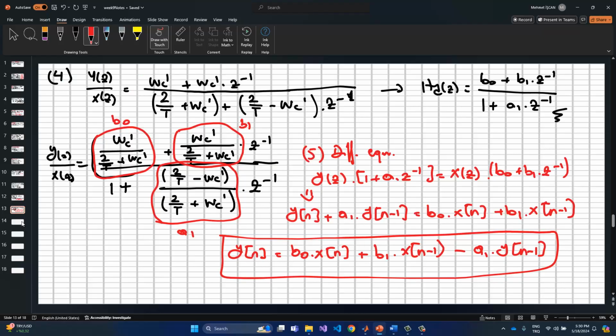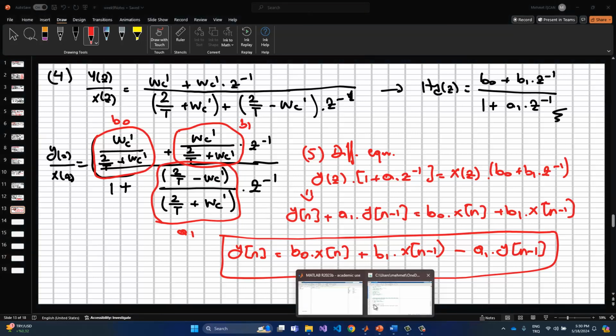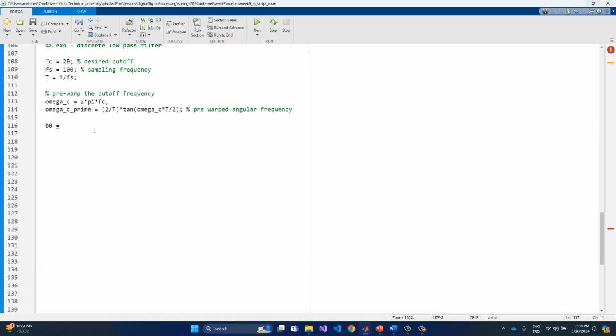Okay, so beta 0 can be equalized with these formulations, right? These are the solutions: b0, b1 and a1, right? And so b0 is assigned as omega c prime divided by 2 divided by T plus omega c prime, right? These are formulations. And b1 is also equal to this one, right?